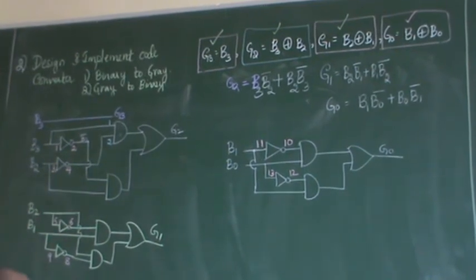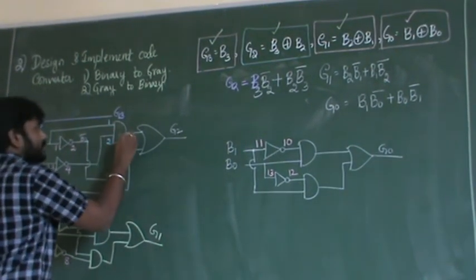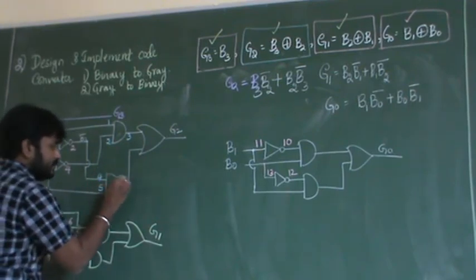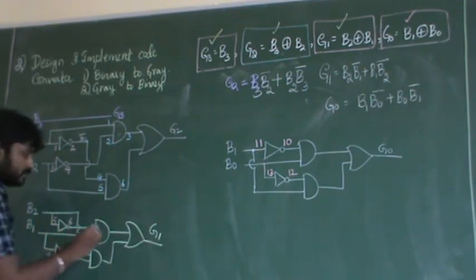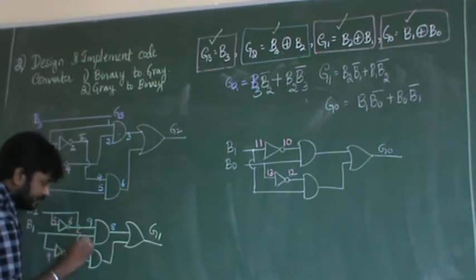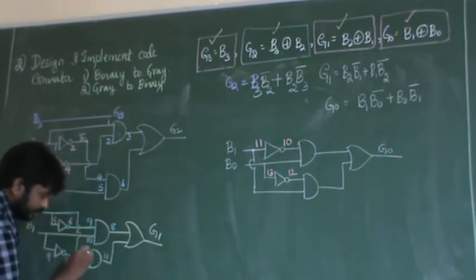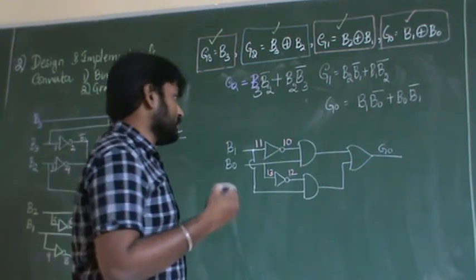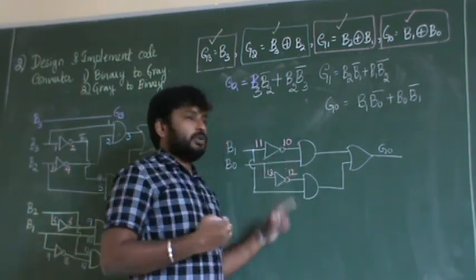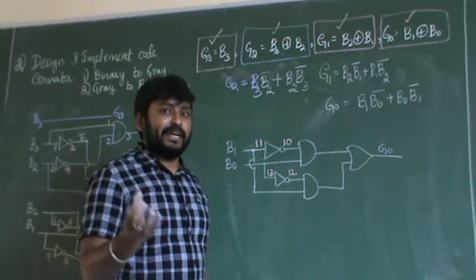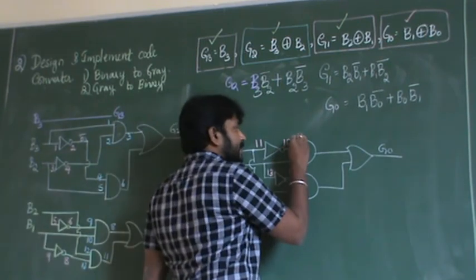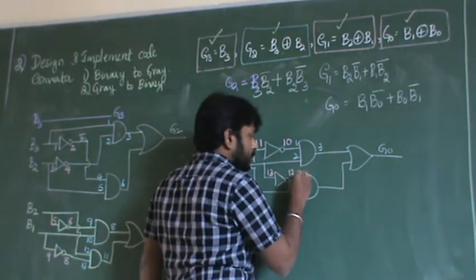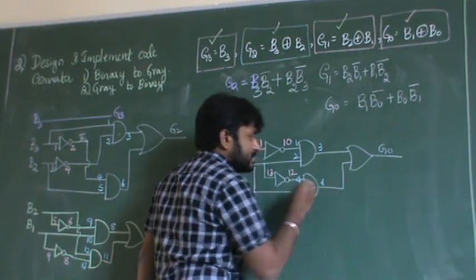So 1, 2, 3, 4, 5, 6. 7 we are not using. 8, 9, 10, 11, 12 and 13, and 14 we are not using; we are connecting it for some other purpose. And again, these are the 2 AND gates that we are using from the second IC. So again I have to start writing 1, 2, 3, 4, 5, 6.